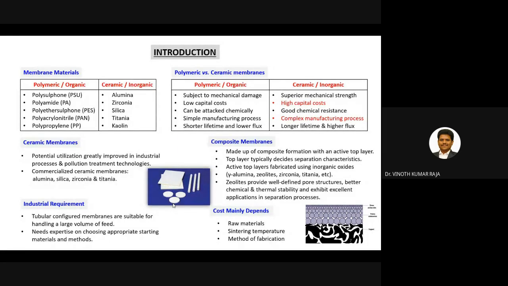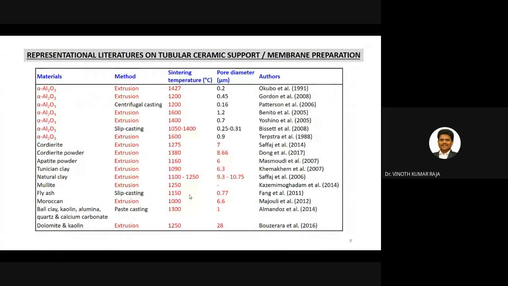So this is all of the introduction for the material, and further we have to see what kind of configurations are required in the industrial process. With that introduction, I would like to present the literature on tubular ceramic membrane, where the findings tell us ceramic membrane research primarily addressed the fabrication of alpha alumina, which is an expensive raw material.